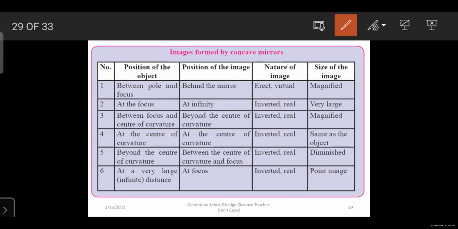In the next condition, we have seen the object position beyond the center of curvature. Then we got the image between the center of curvature and the focus. Now, exactly the opposite condition we have seen in the next position. If the object is between the focus and the center of curvature, we got the image beyond the center of curvature.